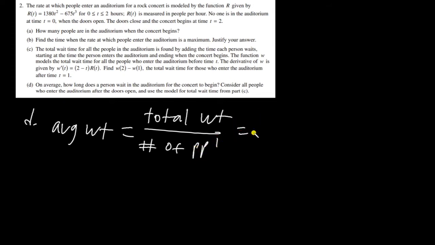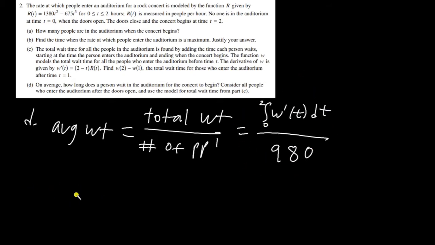And we can find the total wait time by integrating from 0 to 2 W prime of t, right? And then we can find the total number of people from remembering from part A that there are 980 people in the auditorium. Okay? So this is going to get you the average wait time. Alright?